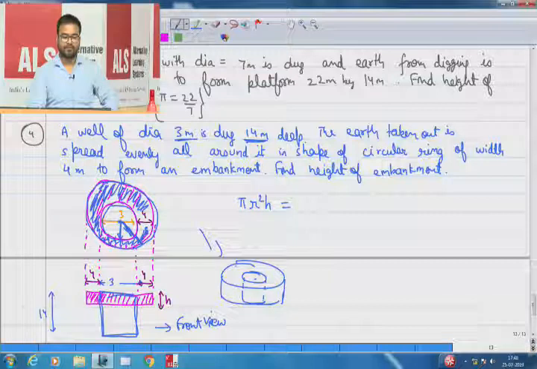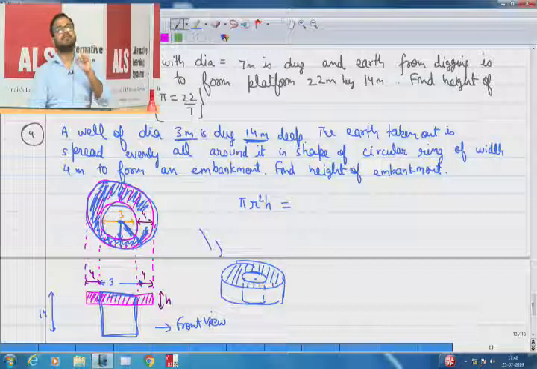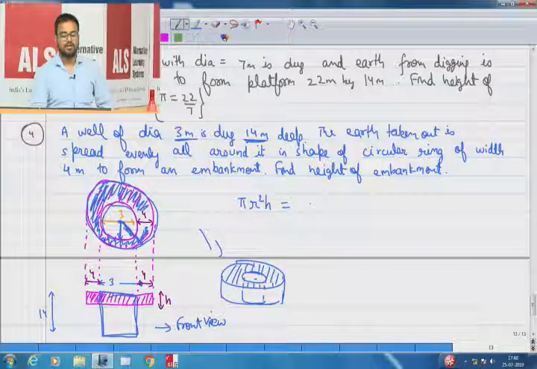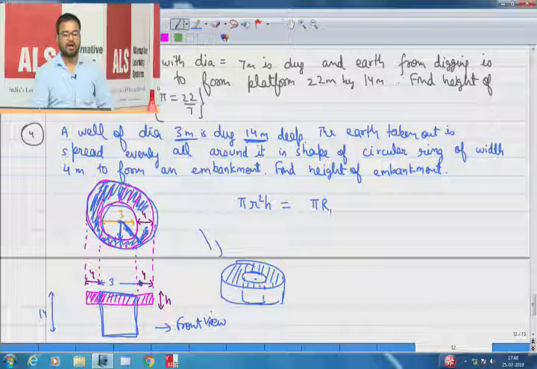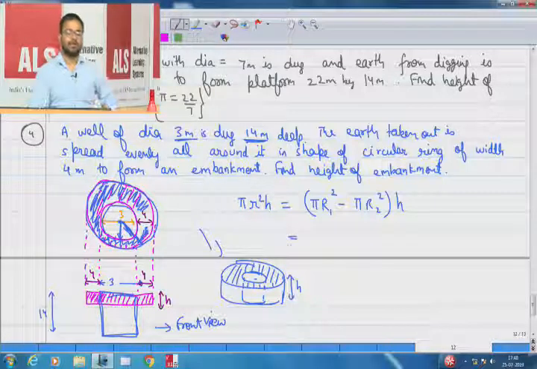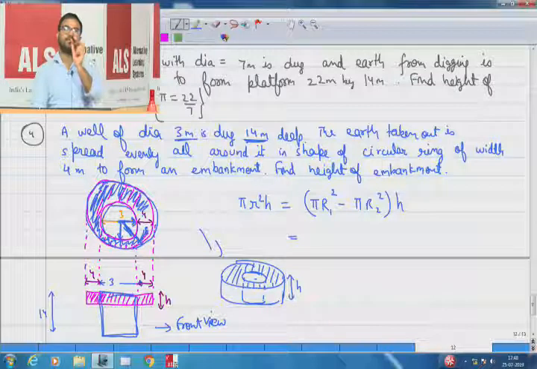First of all, you have to find the area of this shaded region, which is the width of the embankment, and these are two concentric circles you can see. So area for concentric circles means area of larger circle minus area of smaller circle. So area of larger circle is pi r1 square minus area of smaller circle pi r2 square, multiplied by the height, this height, which we have to find eventually, right? Now what is the value of r1? You can see that the diameter of the inner circle is 3, so the radius of the inner circle is 1.5 and the width of the embankment is 4.